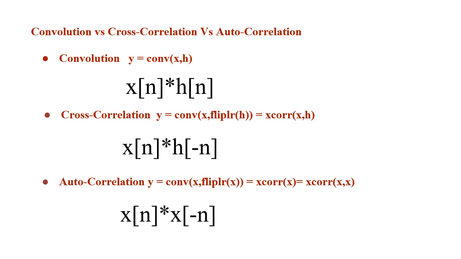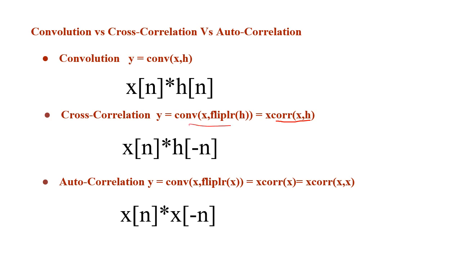So you could either use xcorr on x with h, or you can depend on the convolution command and your understanding of cross-correlation to find it using conv, by simply calling conv x, fliplr h.